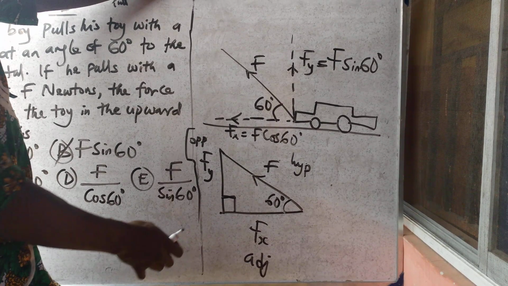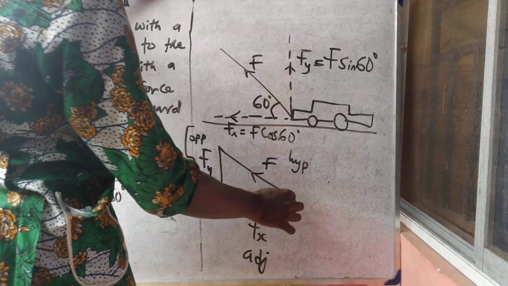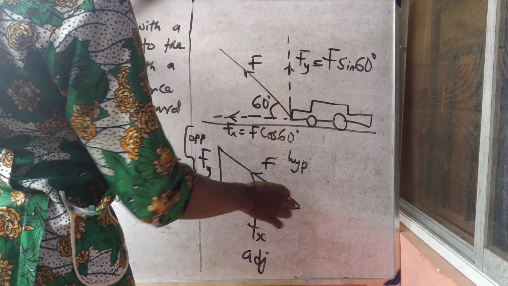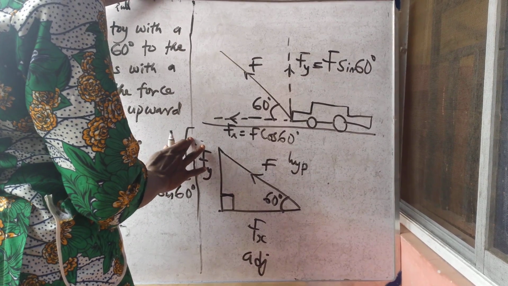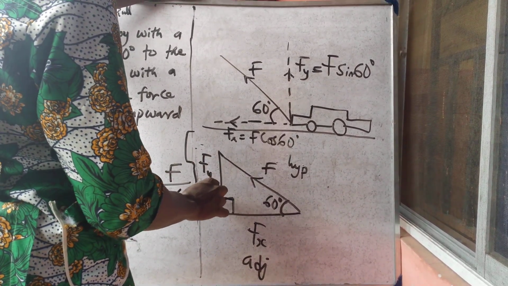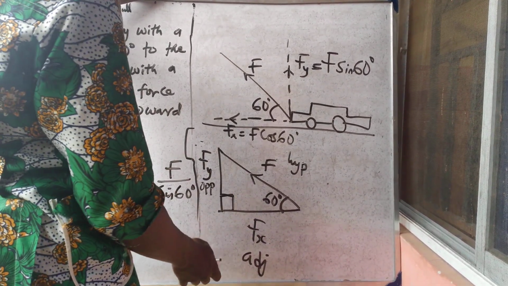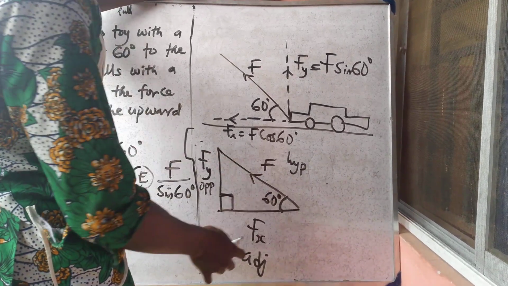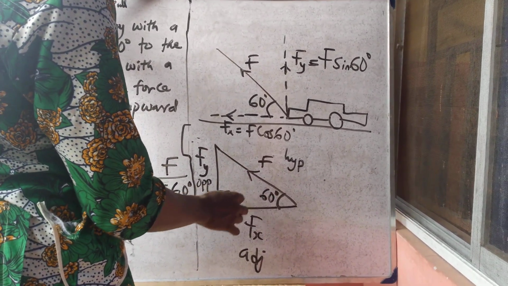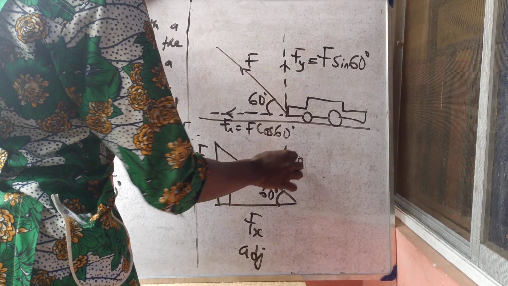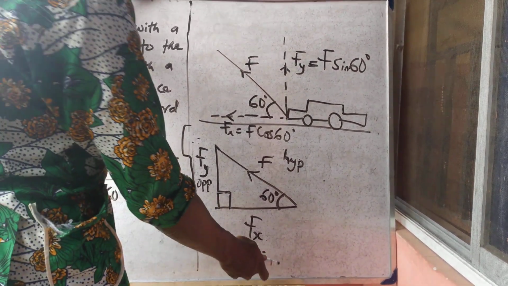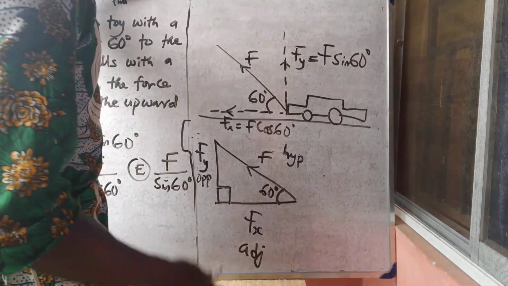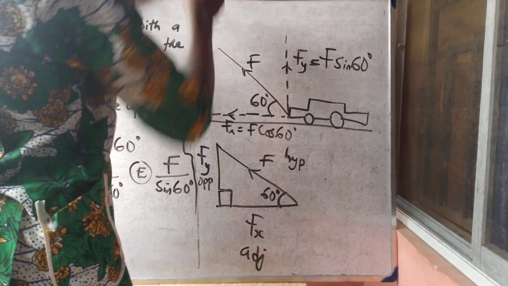The side facing the angle of inclination you can call the opposite. The longest side is the side that faces 90 degrees, which is the hypotenuse. And then the lower side is the adjacent side.